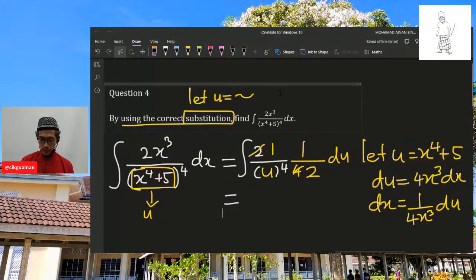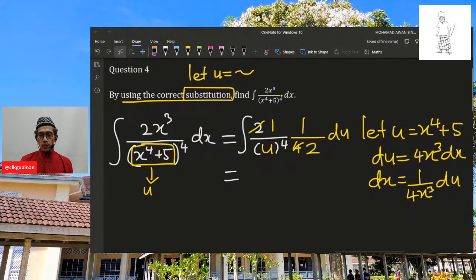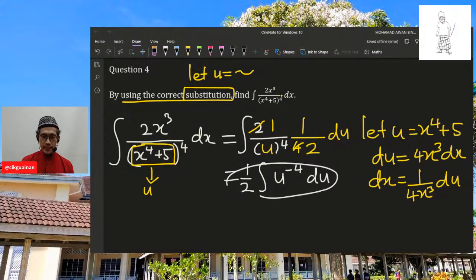Then we proceed. 1 over 2 is a constant, so we can put the constant outside of the integral sign. What's left is 1 over u power 4, which we can rearrange to become u power minus 4 du.